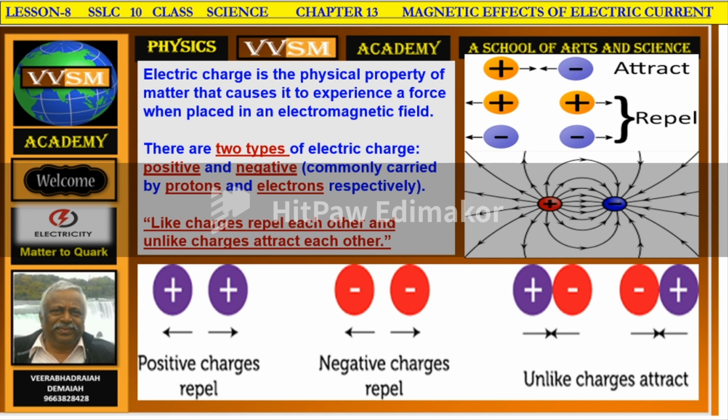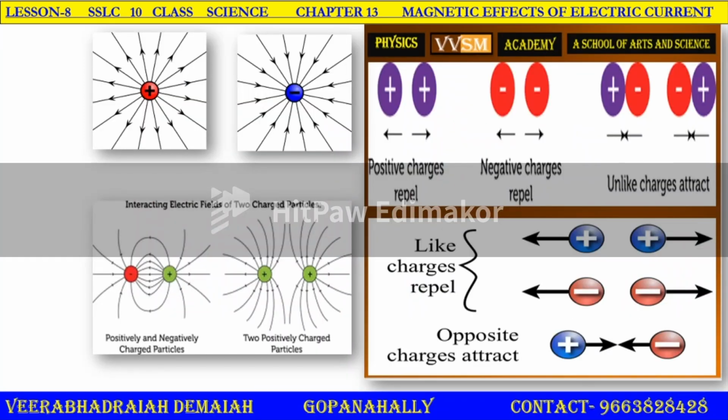Well, friends, let us have a brief discussion about electric charge, which is a physical property of matter. There are two types of charges, positive and negative charges. Positive repels positive, negative also repels negative, and positive and negative attract each other because of unlike charges.